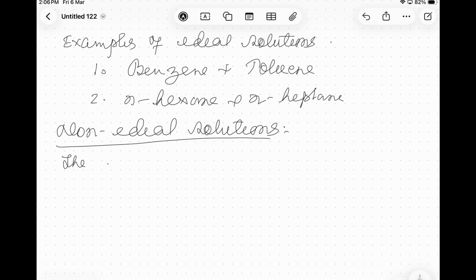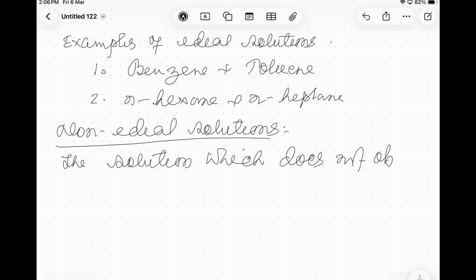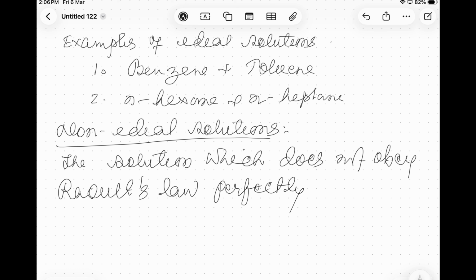The solution which does not obey Raoult's law perfectly is a non-ideal solution.